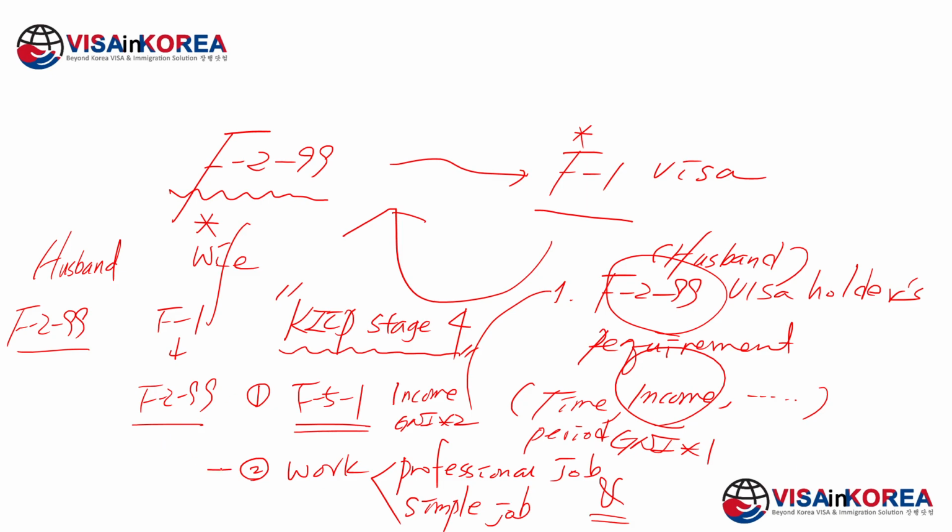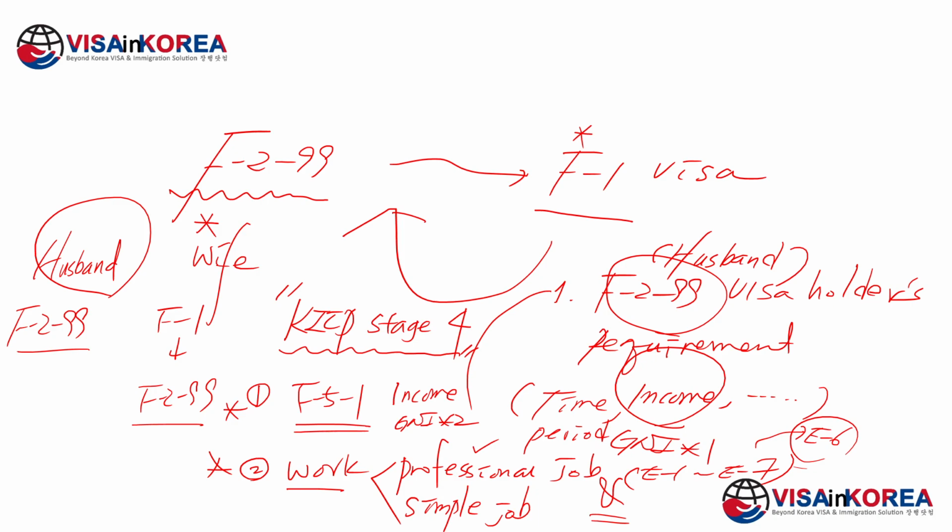Your husband can work in almost any field without restrictions. Also, if you change your visa from F-1 to F-2-99, you can work in professional fields, for example E1 to E7, and simple jobs, or E6 for entertainment, like an actress in a movie or TV show.